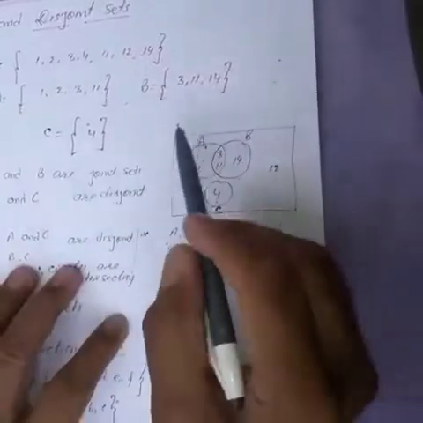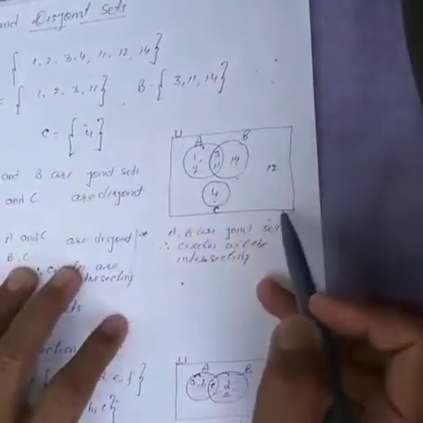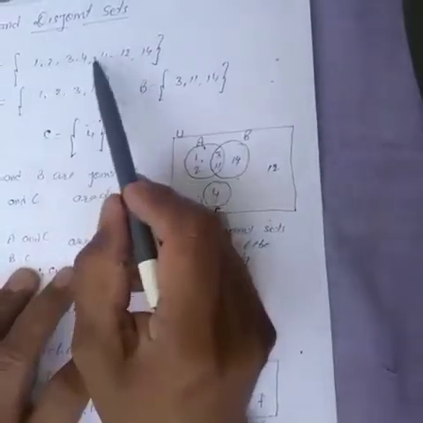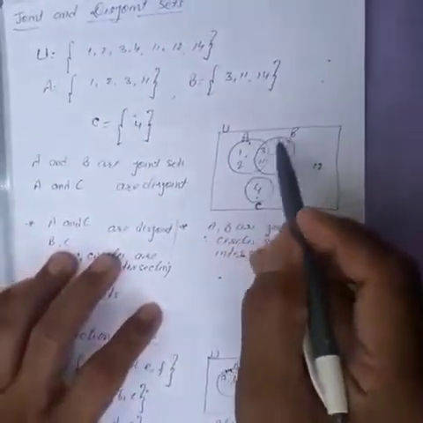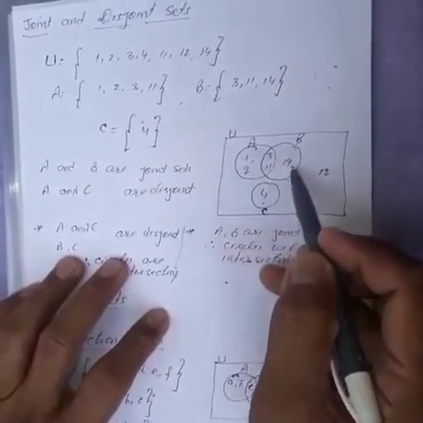Using a Venn diagram, you try to now understand this. You draw a rectangle which represents the universal set. Then A and B, because they are joint sets, the circles will be intersecting.